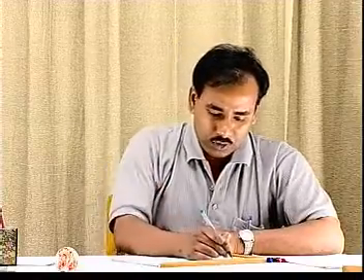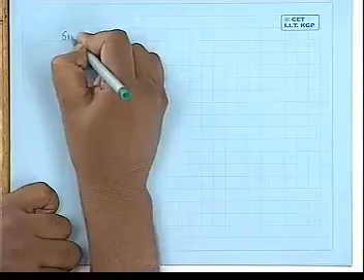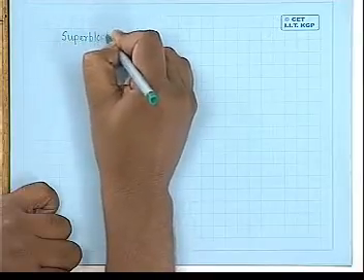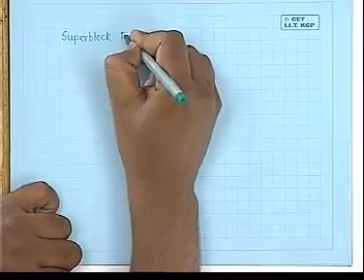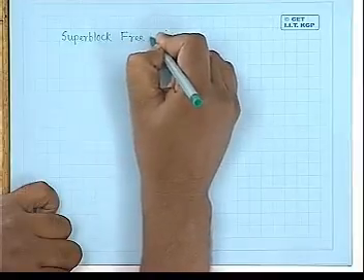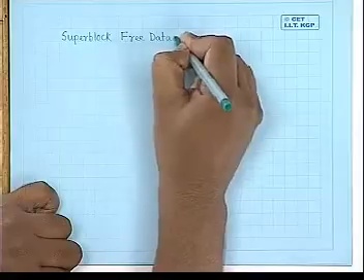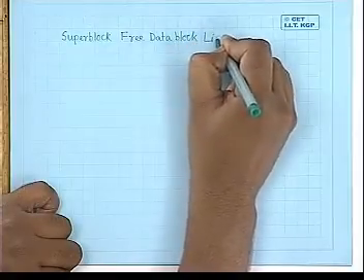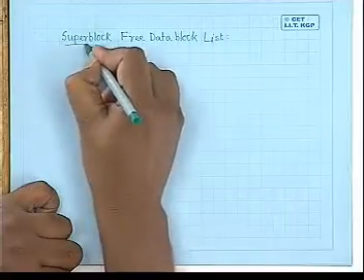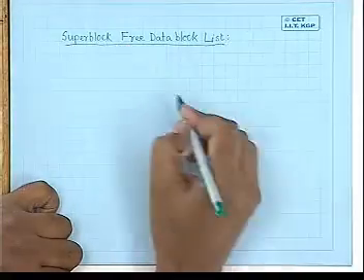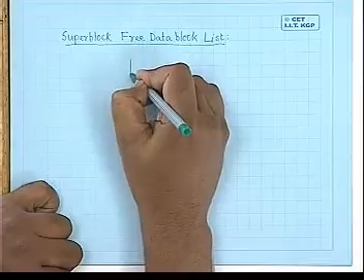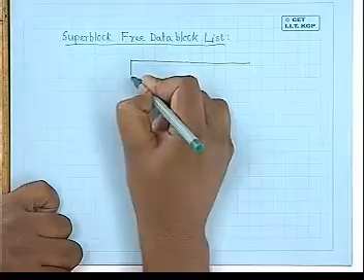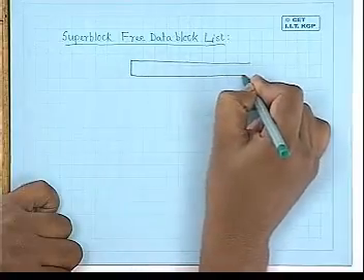Okay. So the superblock free data block list will appear something like this. This is maintained, I mean, it is not only the superblock free block list, but all the free blocks are maintained in the form of a linked list.